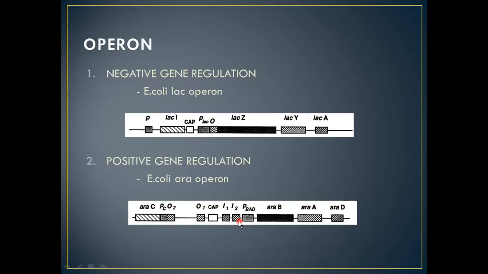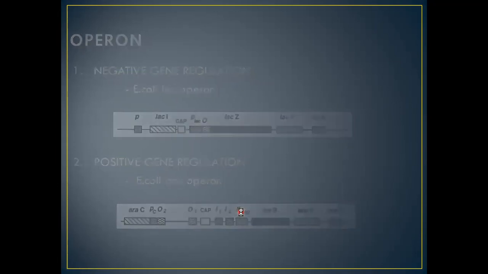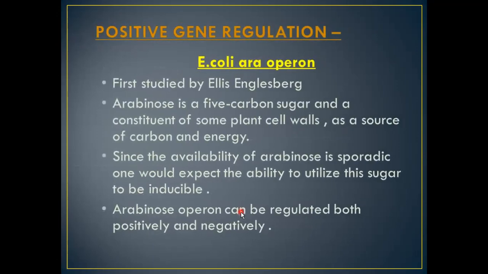This results in the generation of a DNA loop, formed by interaction of C protein bound to the ara I1 and O2 sites. The formation of this loop stimulates transcription of the ara-C gene, resulting in additional C protein synthesis. The C protein autoregulates its own synthesis.